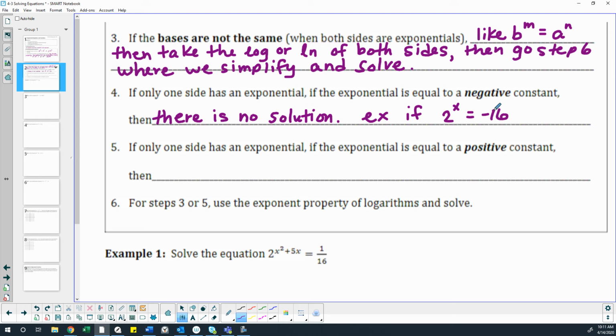If it had been a positive 16, then we would know that x equals 4, because 2 to the 4th power would be 16. But there is nothing that we can use as an exponent that will take a positive 2 and turn it into a negative 16. So this is not possible.